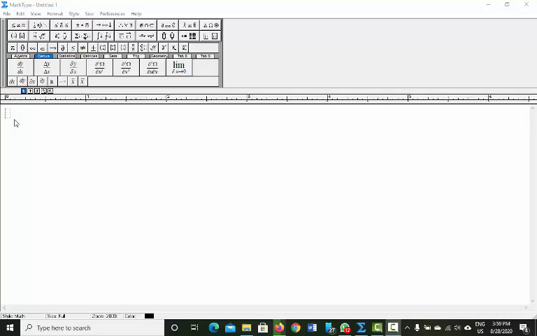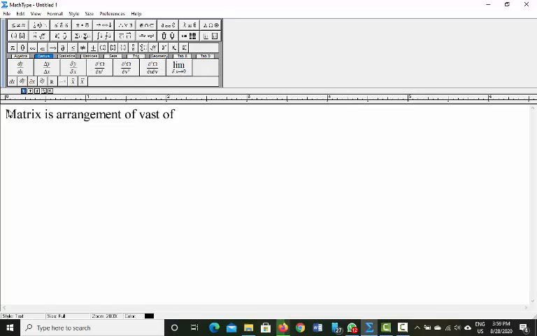Right. So first of all, what is a matrix? A matrix is the arrangement of a vast amount of information in an array.